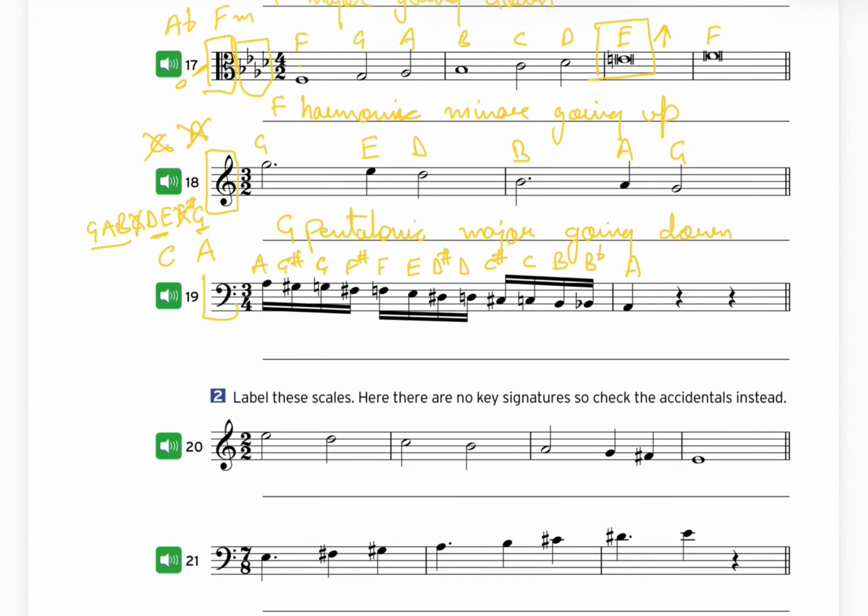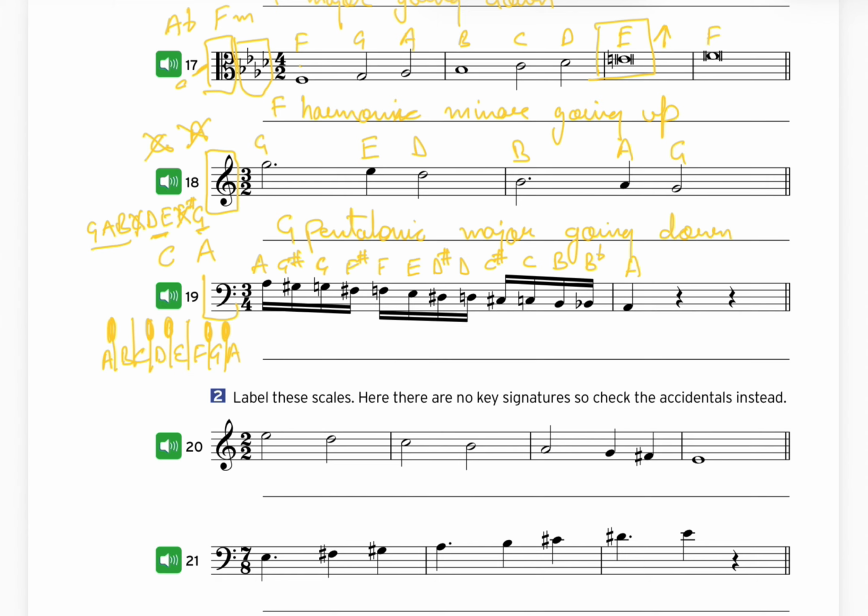So what is it? If you see the whole process, and if I make a keyboard here, let's say start from A. So let me use another pencil to make you understand.